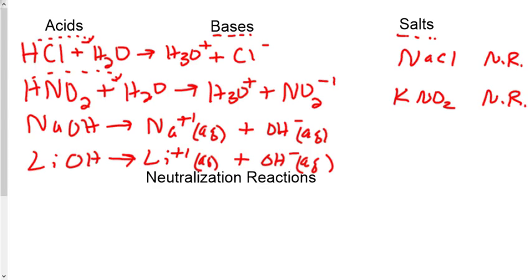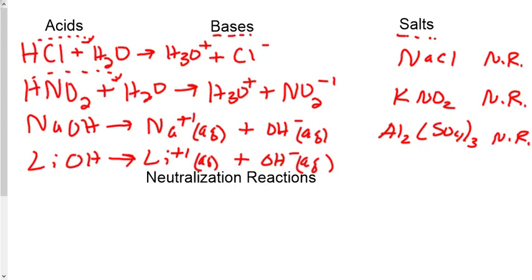Okay, what about something a little bit more complicated like aluminum sulfate, Al2(SO4)3. Well, again, there's not a hydrogen out in front. There's not a hydroxide in the formula, so we'll assume this is a salt with no reaction.